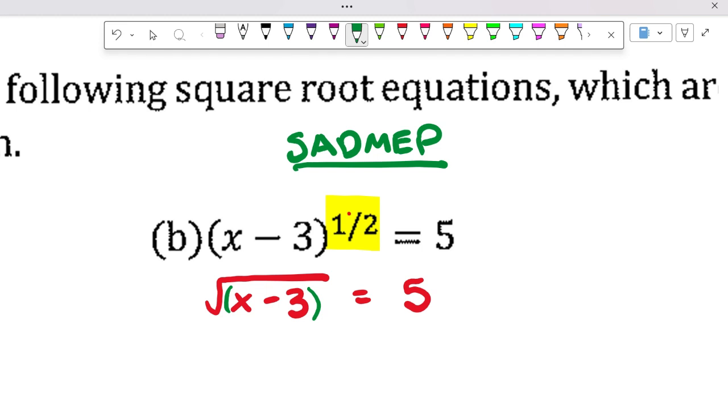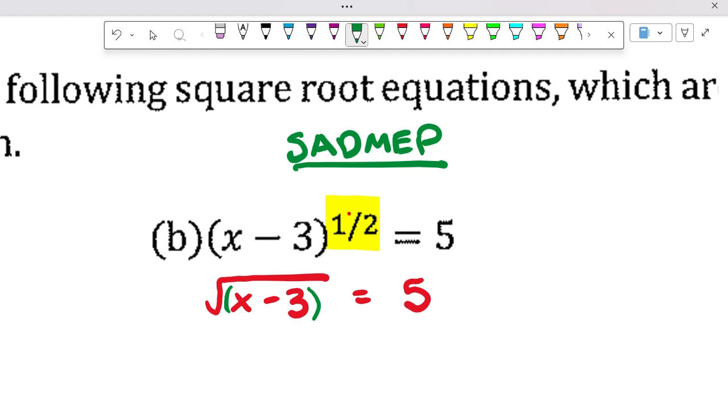A radical is technically an exponent, as we know, because 1/2 is a radical. So we have to take care of the exponent before we take care of parentheses. So how do I take care of the square root? We literally just did it.